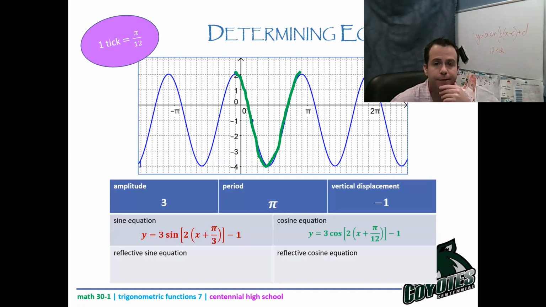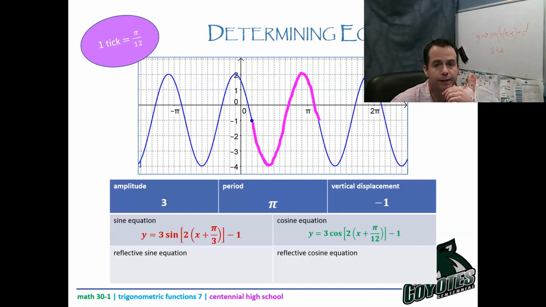For a reflective sine, I'm now looking for a spot where I start on the midline and I head down. So starting on the midline, heading down, this is your closest picture to the y-axis. I see that I've gone 2 tick marks to the right for my c value.